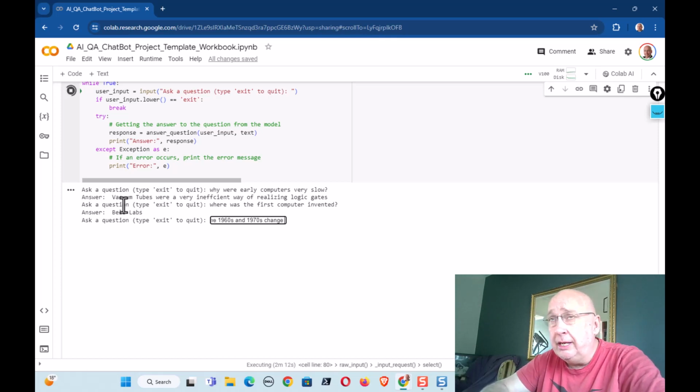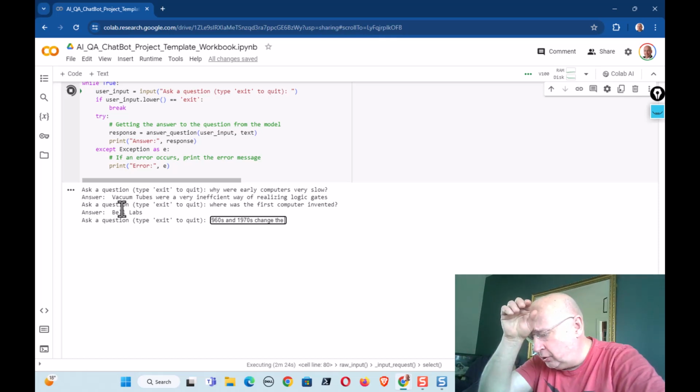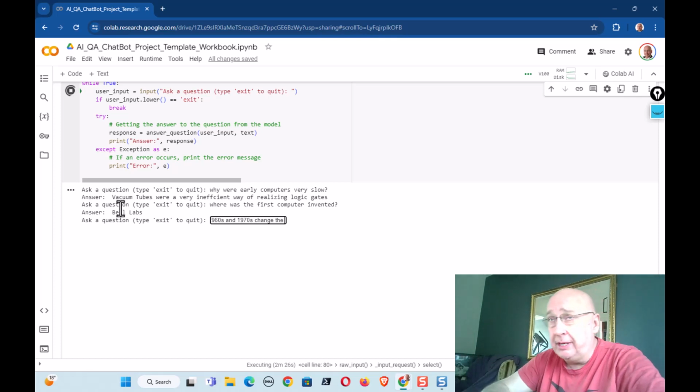Change the layout, and what's the right word here? Change the nature of employment, I guess. Let's keep it simple and say employment.